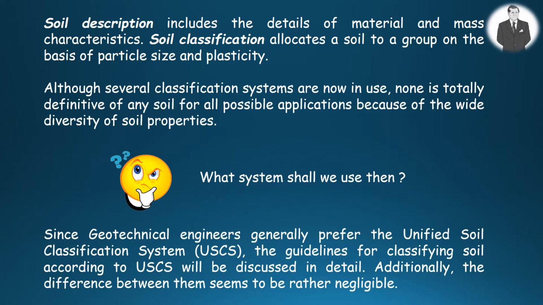Since geotechnical engineers generally go for the Unified Soil Classification System, USCS in short, the guidelines for classifying soil with respect to USCS will be discussed in detail. Furthermore, the difference between them appears to be rather negligible.